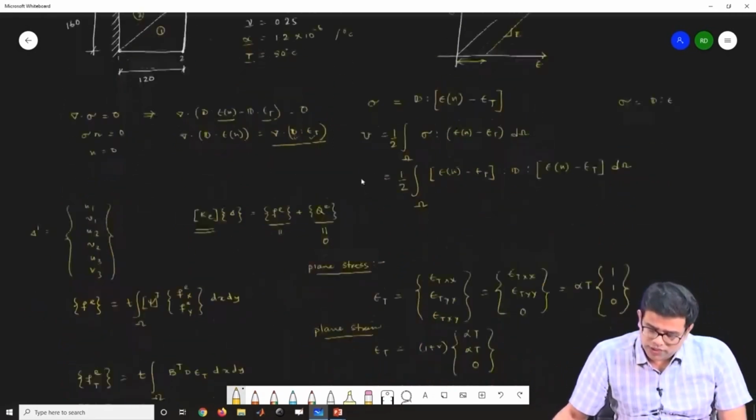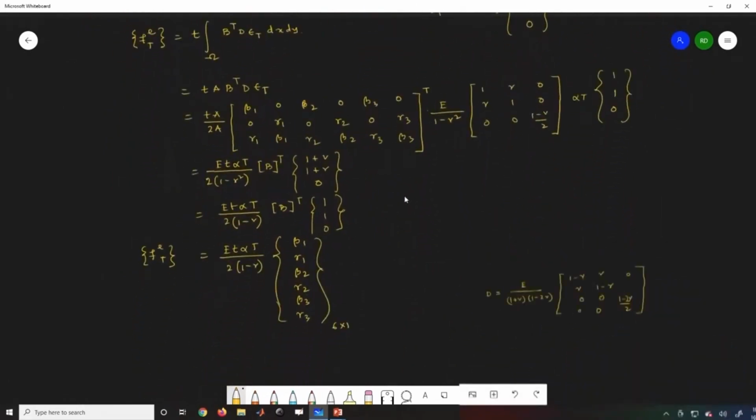Once you know these quantities, then beta 1, gamma 1, beta 2, gamma 2, beta 3, gamma 3, all these quantities you also know, because they essentially come from the shape functions of the linear triangle, the constant strain triangle. So you can evaluate this quantity for each element, and naturally compute it for all elements, and then you have to assemble as usual and solve the problem.